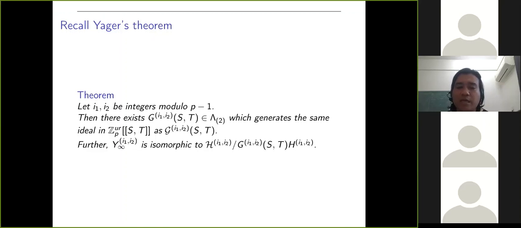I was hoping that I could say more about the Iwasawa mu invariant over the cyclotomic extension. That led to looking at this two variable case, but the case in which I was interested was not covered by this theorem, so I thought I should look at this. Okay, thank you.